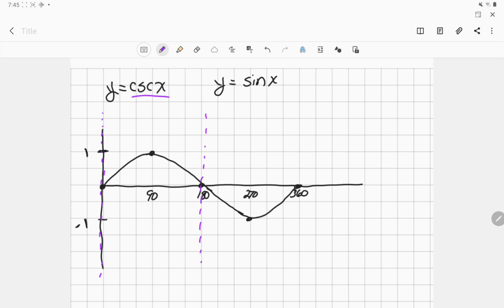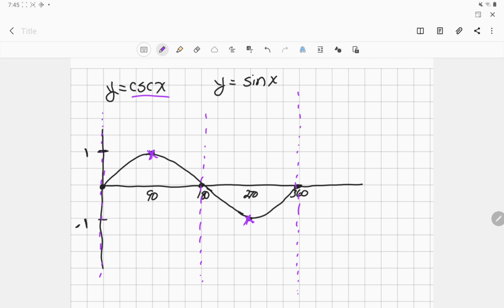So I have a vertical asymptote at 0, at 180, and at 360. The other thing is the reciprocal of 1 is 1, so this would be an invariant point. The reciprocal of negative 1 is also negative 1, so this would be an invariant point.